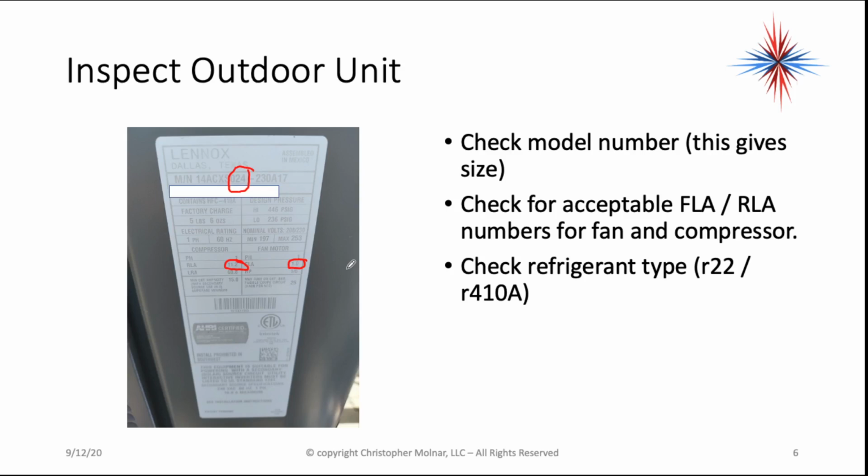If something's been changed out to an aftermarket, you may have different equipment. Okay, you also want to check what the refrigerant is. On most equipment, it's labeled what the refrigerant type is, either 22 or 410A. And then you also have the design pressures. That doesn't mean much in most cases, but it's nice to know.